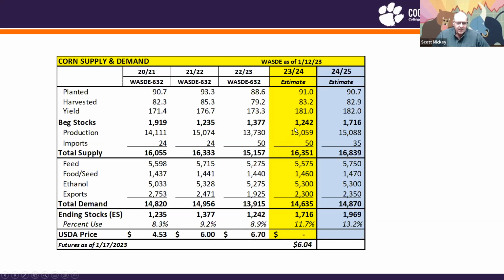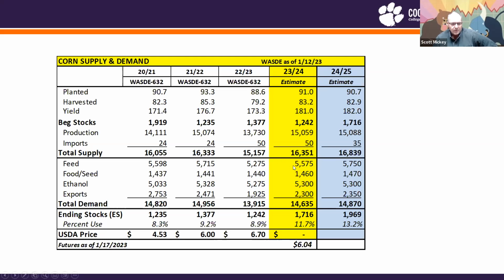We're coming into the year with about 1.2 billion bushels of corn from last year. Production will be about 15 billion, so we'd have a supply of 16.3 billion bushels of corn. If that happens, it's the largest supply we've seen in the last 3 years.